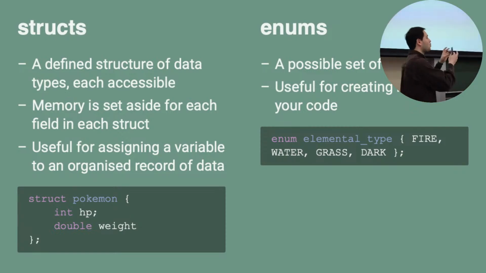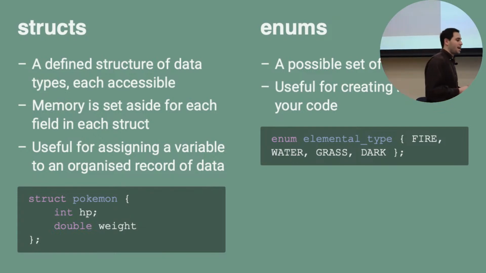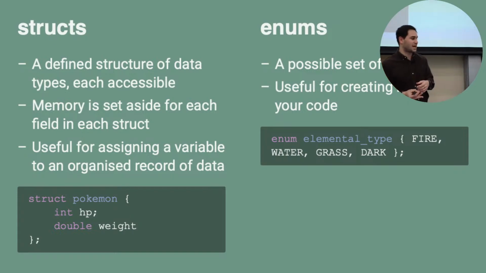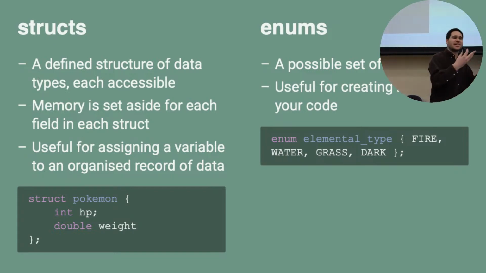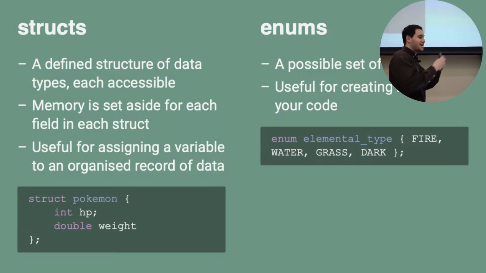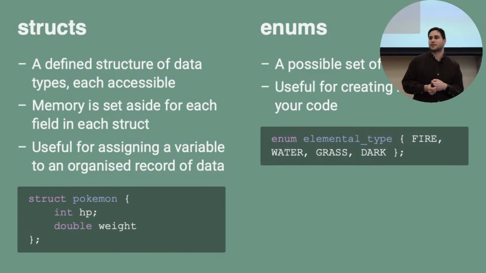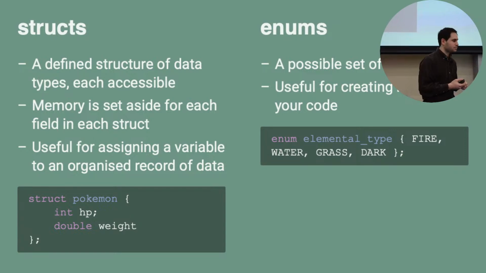So we define what the struct looks like. So in this case, we've got this Pokemon example. A Pokemon has an integer which represents the number of hit points. It might have the weight of the Pokemon, the name of the Pokemon, whatever the like data might be. And we can just say, I want this thing called a Pokemon, and it's got a bunch of different things within it. But we get one nice label for this group of data.